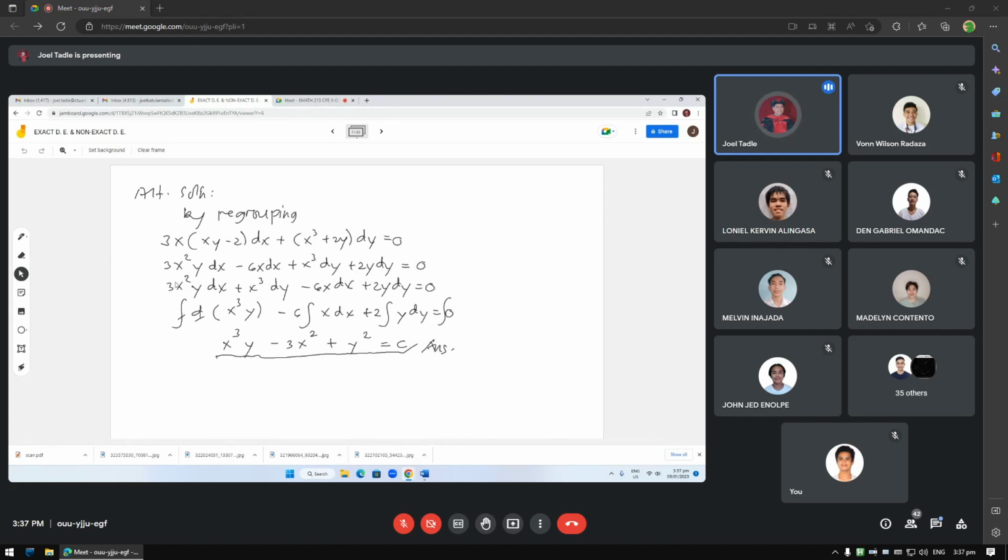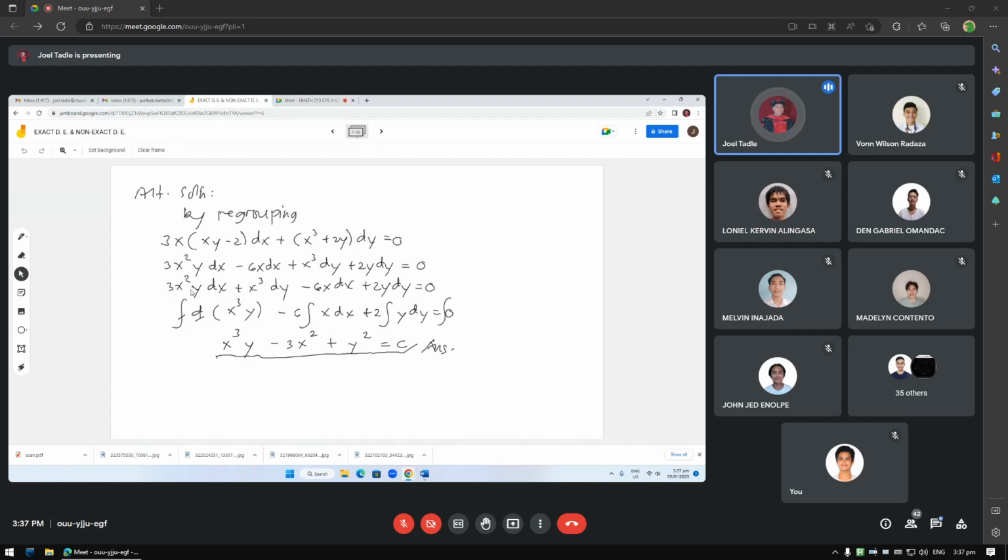Unya, kung ato ning tutukan pag-ayo, makaingon ta nga this expression is just equal to the derivative of the product x cubed y. Kung imo tanawon sa second term, naka x cubed diha, no? Multiplied by dy.